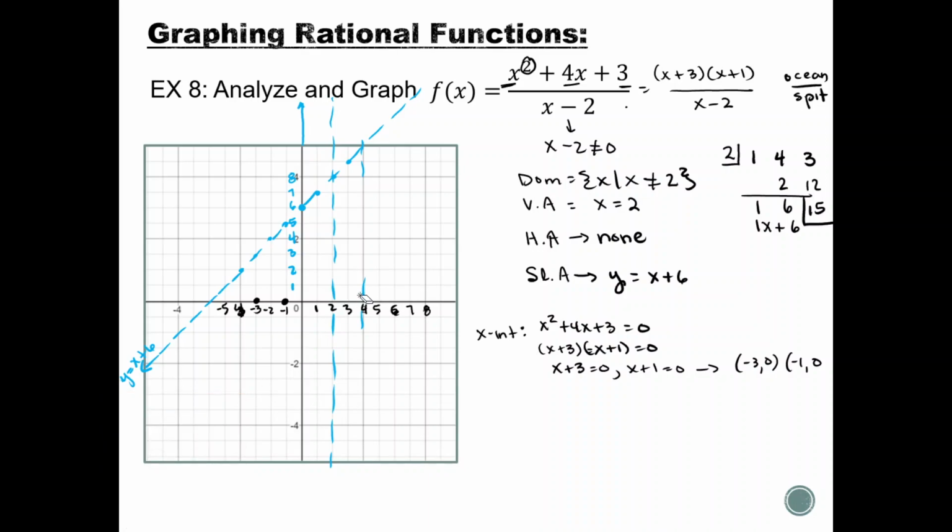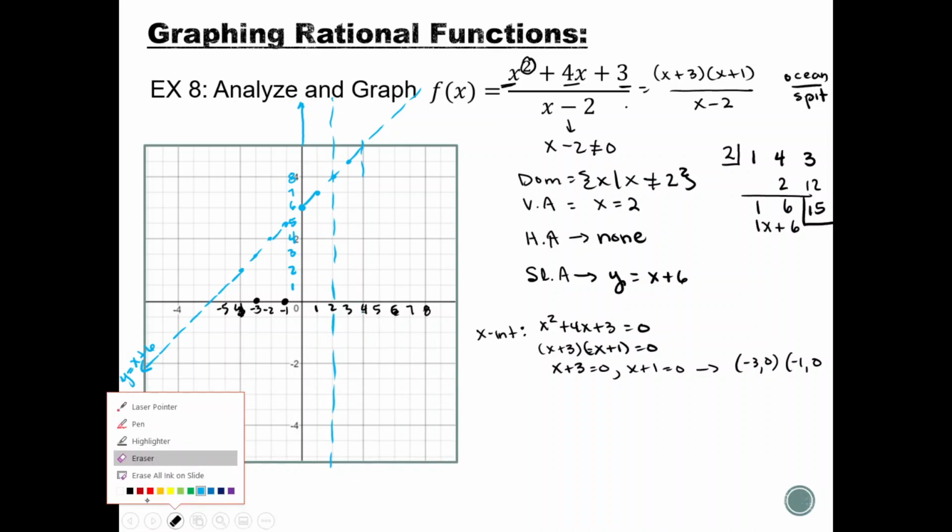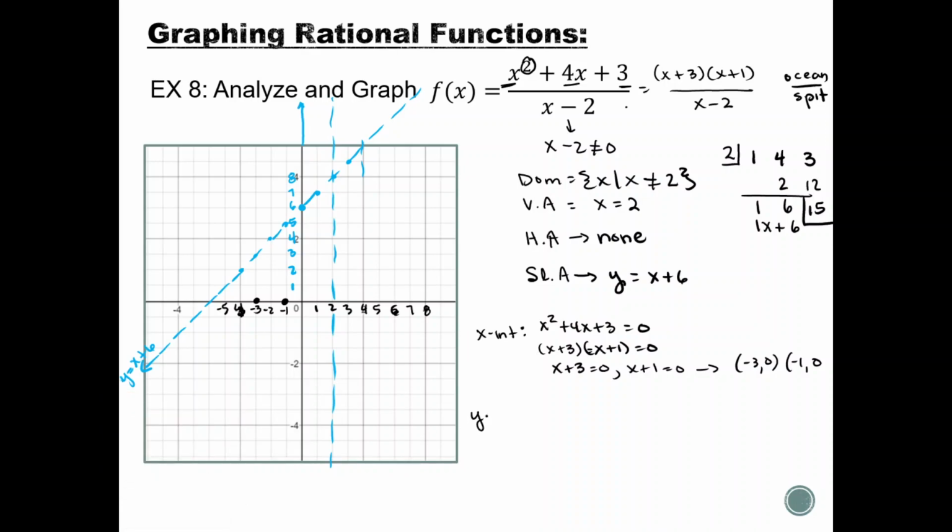Okay, so now what we need to do is find the y-intercept. Now the y-intercept is just where x is 0. So that means I'll get 0 plus 3 over 0 minus 2. So I get -3/2. So that's right here.